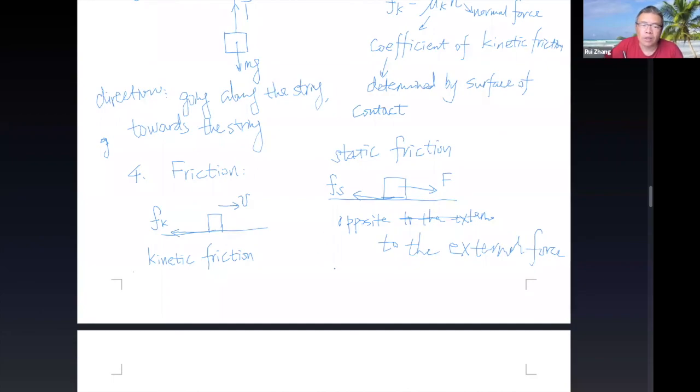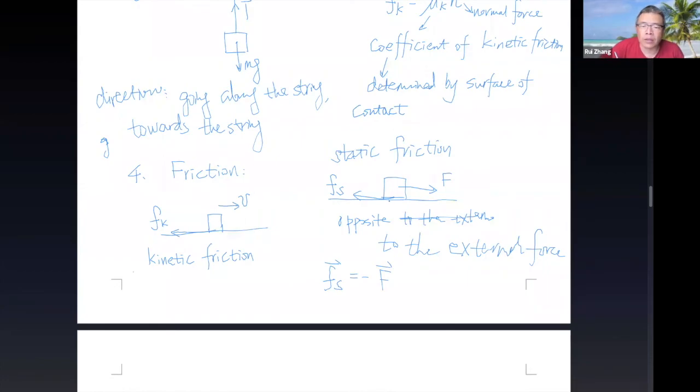So Fs here, maybe we can write like this, equals negative F, where F is the external force. So it is equal in magnitude but opposite in direction. This way the object stays at rest, right?